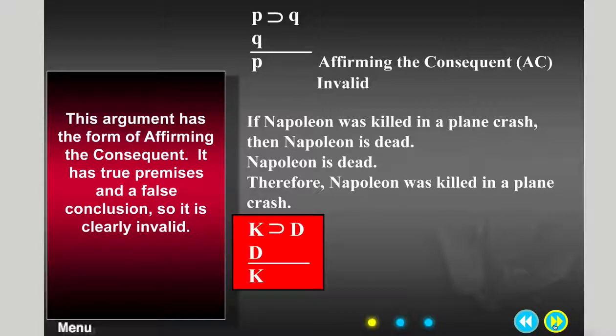Not not P is logically equivalent to P. I wish this was brought up earlier in the chapter, but you know this from English grammar. If you say that it is not the case that John is not going to the party, that means that John is going to the party. Two negatives make a positive. It's not the same as morality, where two wrongs don't make a right. In logic and in English grammar, two negatives make a positive.